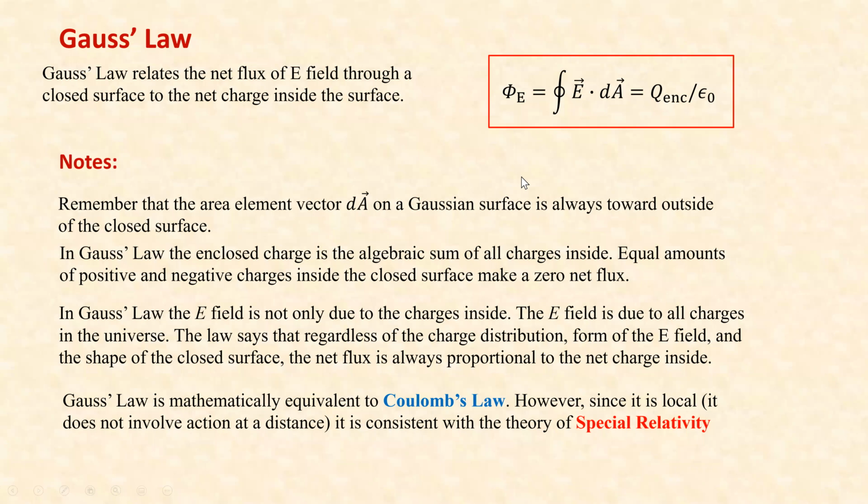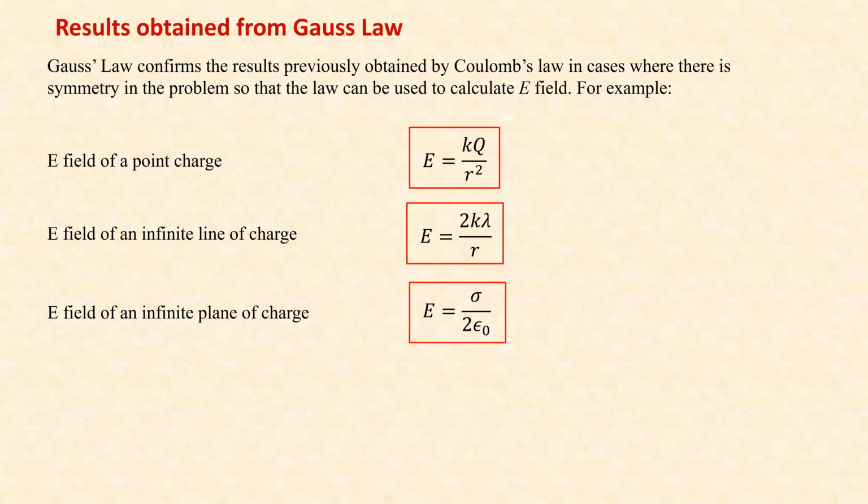And we said that it is equivalent to Coulomb's law, but it has more significance because it is also consistent with modern physics. And we obtained, from Gauss law, the electric field of a line of charge, infinite line, and electric field of an infinite plane.